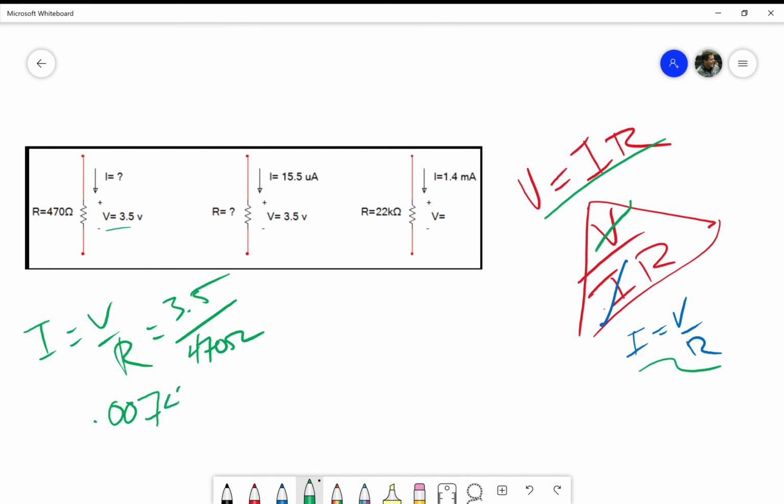We'll just do 745, and the units for current are going to be amps. There we go.